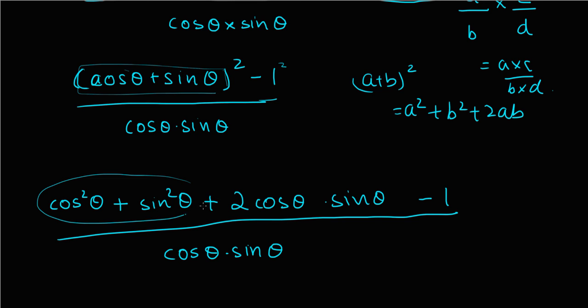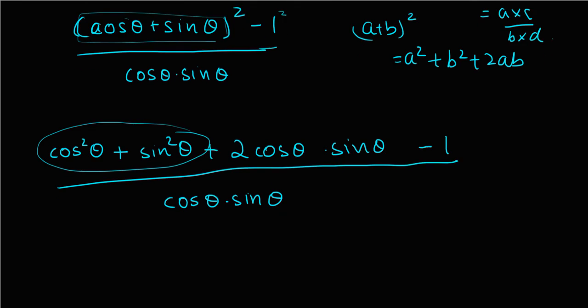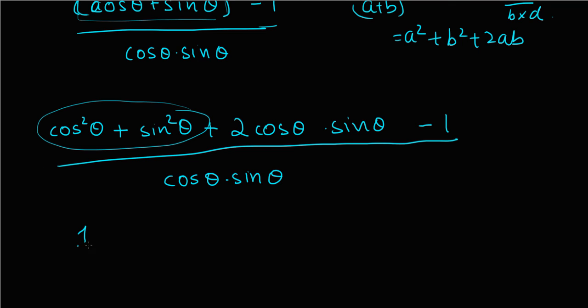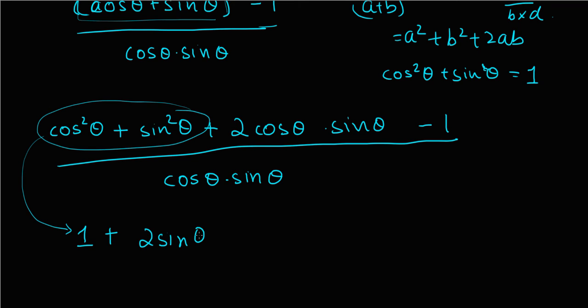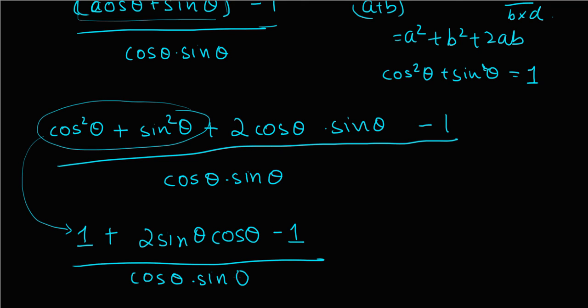Now cos square theta plus sine square theta is equal to 1. So using the identity, cos square theta plus sine square theta is 1, plus 2 sine theta cos theta, or cos theta sine theta. Okay, I just wrote sine theta first. Sine theta cos theta minus 1 by cos theta into sine theta.